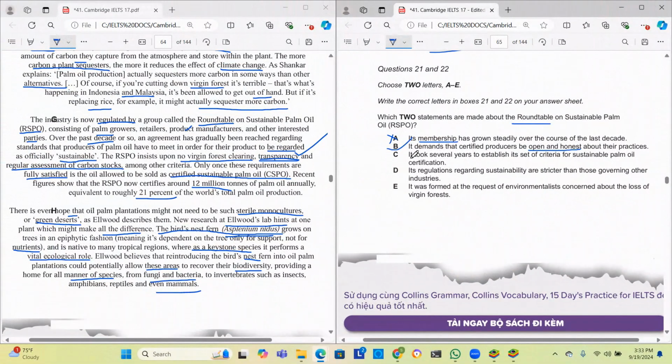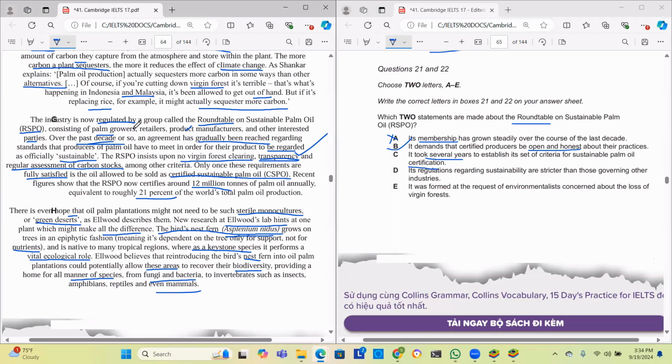Option C: it took several years to establish its set of criteria for sustainable palm oil certification. So where did we read this? See, over the past decade or so, an agreement has gradually been reached regarding standards that producers of palm oil have to meet.